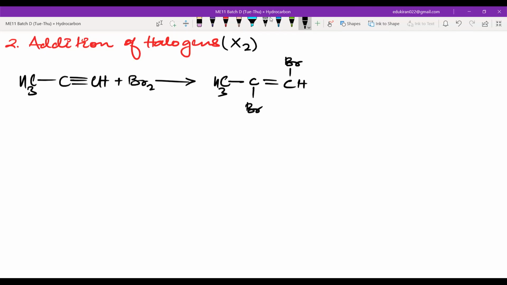Then again we can react this one more time with Br2. Now, once more, Br will be added on this particular pi bond, so this carbon atom will also get a Br. Here we already had a Br, single bond C, H, and then there will be Br, and then there will be Br. Okay, simple reaction, addition of halogens.